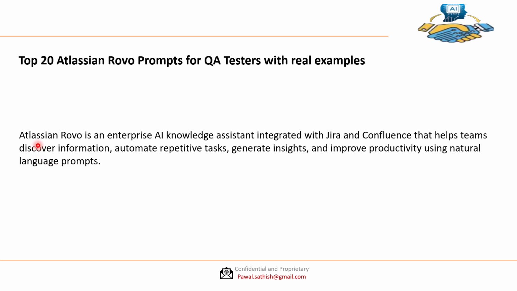Remember, Rovo is an enterprise AI knowledge assistant integrated with Jira and Confluence that helps teams discover information, automate repetitive tasks, generate insights, and improve productivity using natural language prompts. The basic motto of Rovo is to increase QA productivity.